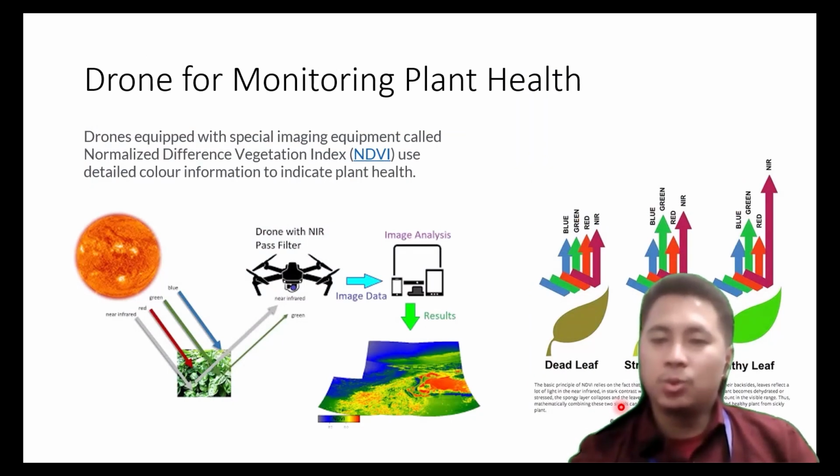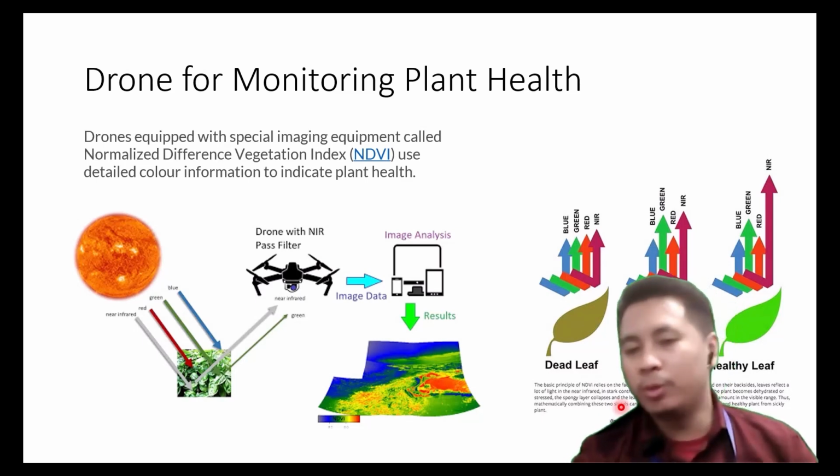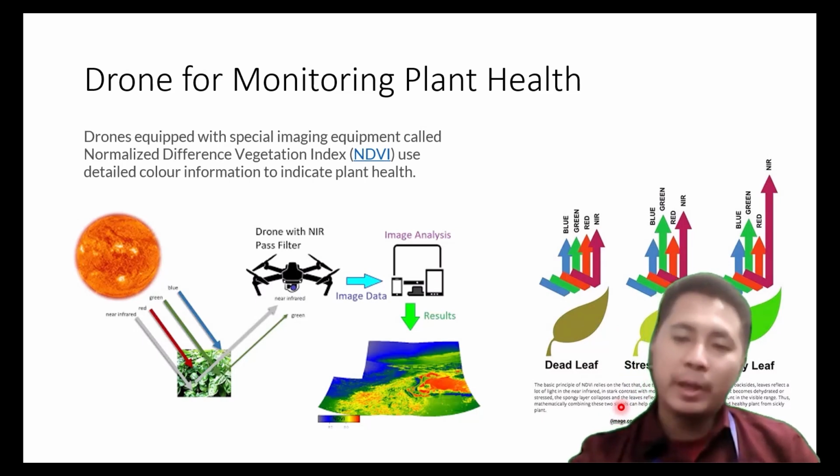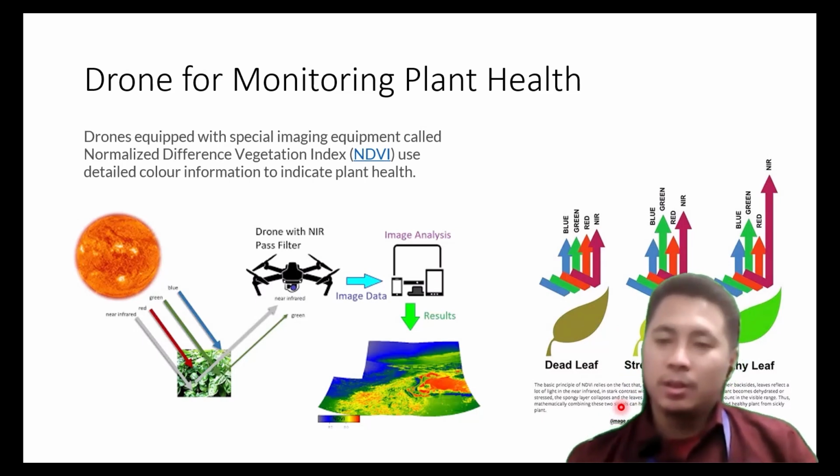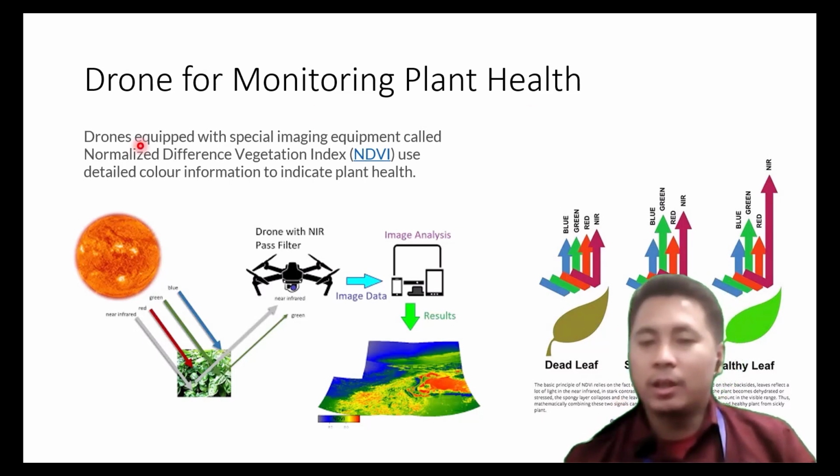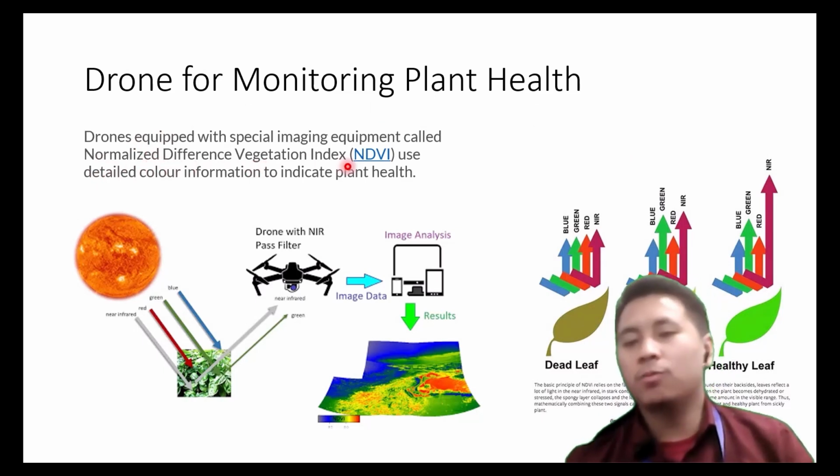And next is a drone for monitoring plant health. Drones equipped with special imaging equipment, called multispectral imaging, can get the NDVI, normalized difference vegetation index, because we use detailed color information to assess plant health.